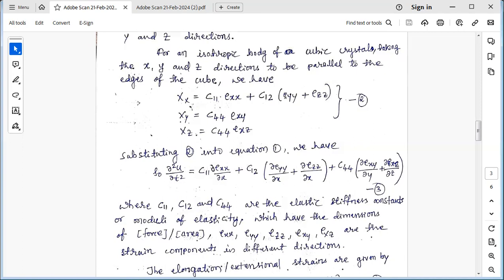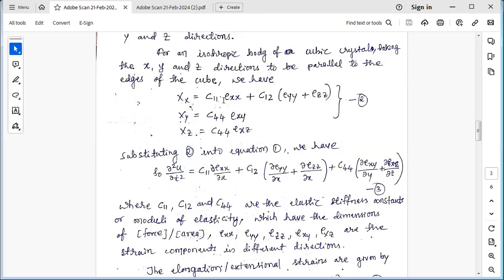Exx means it is a strain component along the x-axis. This is the strain component along the y-axis. This is the strain component along the z-axis. This is a strain component due to stress in the y direction, but along the x-axis. Similarly, this is the strain component due to stress on the z-axis, along the x-axis. So all these are the strain components, and these are all stress components.